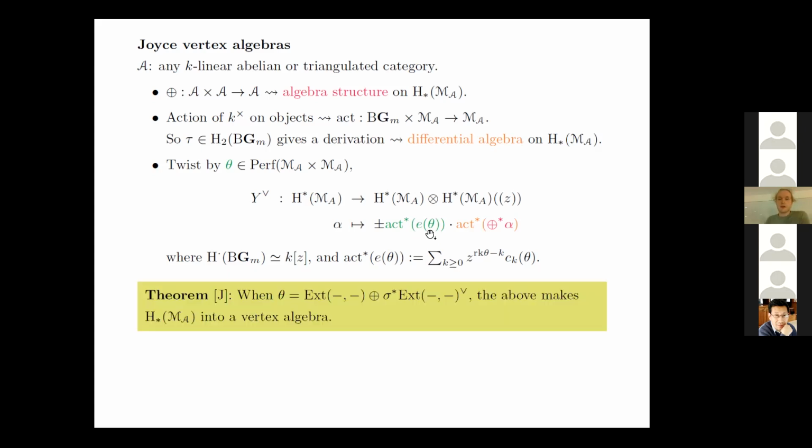And then the theorem of Joyce is that if you take theta to be the Ext complex on the moduli stack, whose fiber above a pair of objects (A,B) is just Ext(A,B) — this is the swap map, and this is dual — so the fiber above (A,B) is just Ext(B,A) dual. Joyce's main result is essentially that this gives you the structure of a vertex algebra. All right, and then your questions?